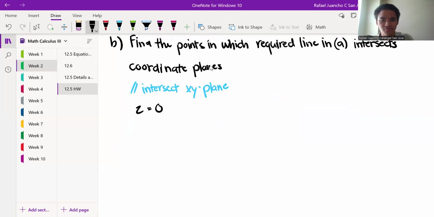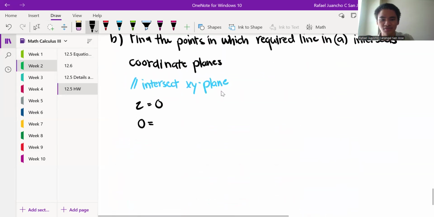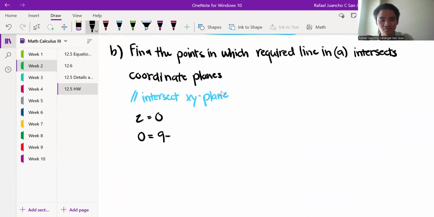So let's say z is 0. We're going to say 0 equals 9 minus 2t. Then we solve for t. 2t is 9, t is 9 over 2.